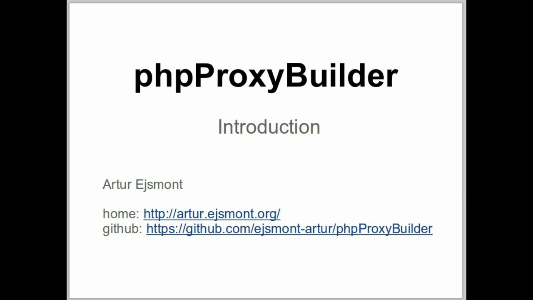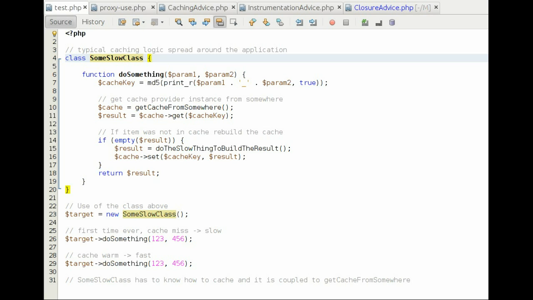Let's imagine that you want to cache something. This code over here is an example of a pretty standard way of caching. If you had a class or some method that is particularly slow, you would probably create a cache key based on the parameters passed from the user, or based on anything else.